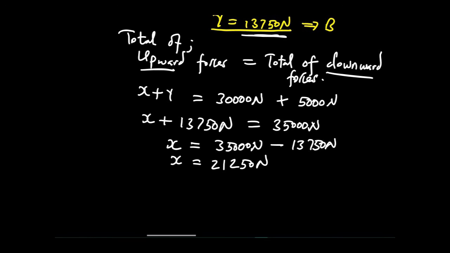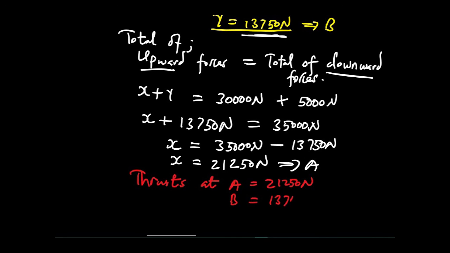So this will be the thrust at point A. So until here, we have got thrust at A equals 21,250 Newton, and the thrust at B equals 13,750 Newton. Once you add this, you will get a total of 35,000 Newton, which is a downward force, while these two are the upward forces.